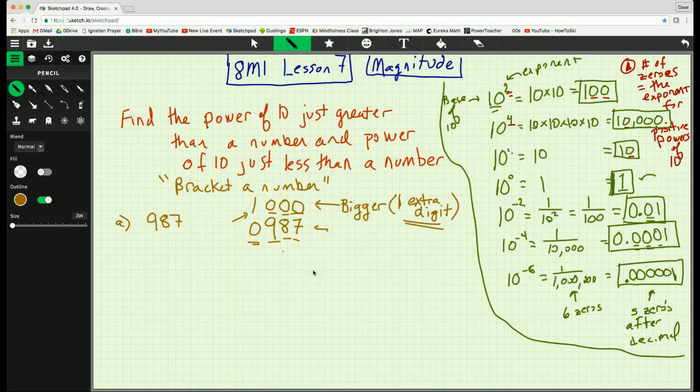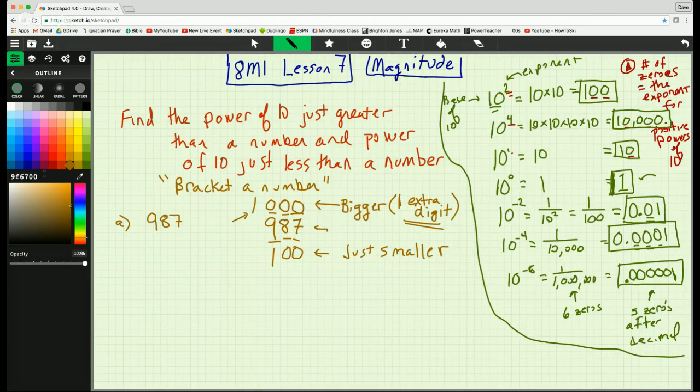If 1,000 is just bigger, then the number just smaller is going to be 100. It's going to have 1 less 0. So now I have 2 powers of 10 that are bigger and smaller than 987.